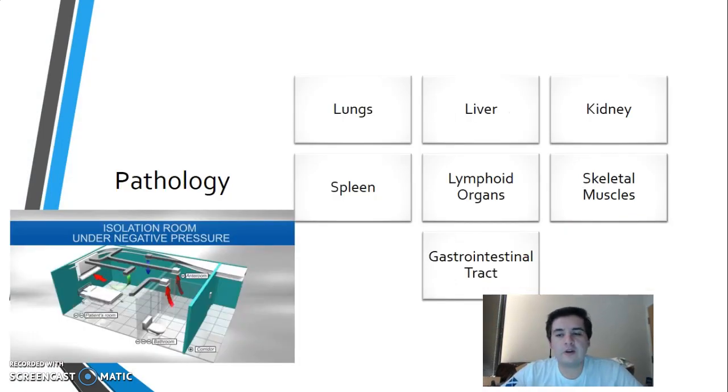Okay, so you can't really talk about pathogenesis without pathology. These are the main organs infected, and they've seen it in almost all autopsies conducted for SARS patients. They found that these are the main organs affected by the SARS virus, particularly the lungs.